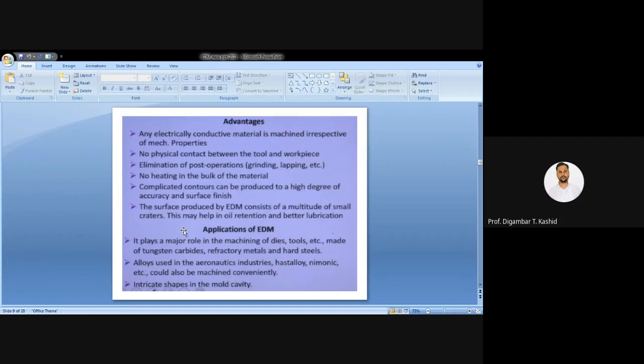Again, we can produce intricate shapes in the mold cavity using EDM. So the EDM process is very famous and very popular in any industry. These are the applications.